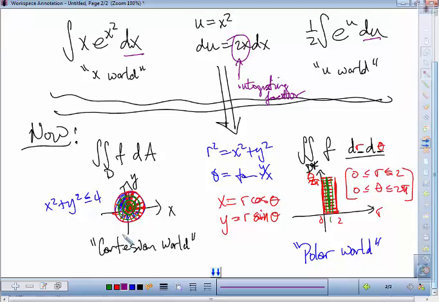So we're going to need to deal with the derivative in a different way. So how are we going to deal with the derivative?